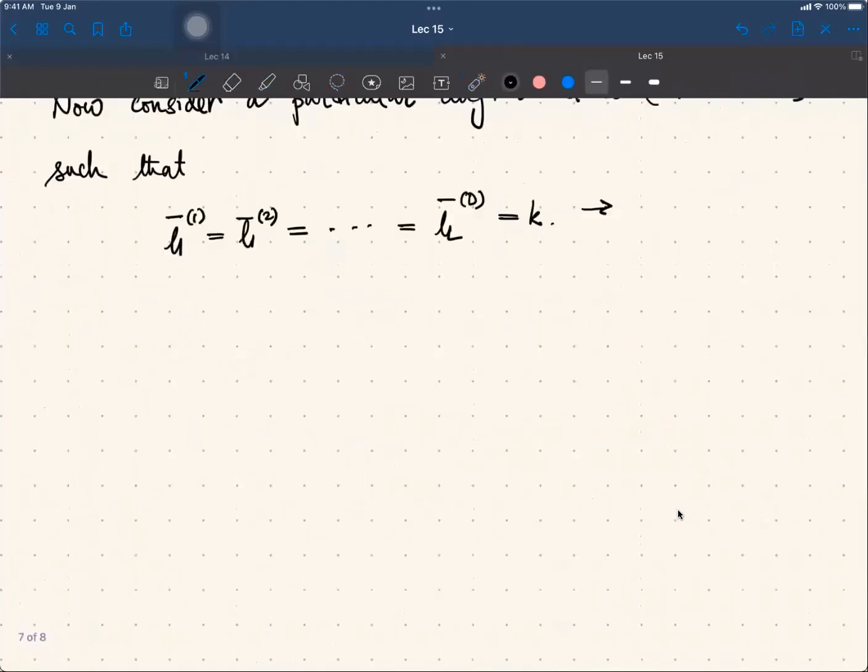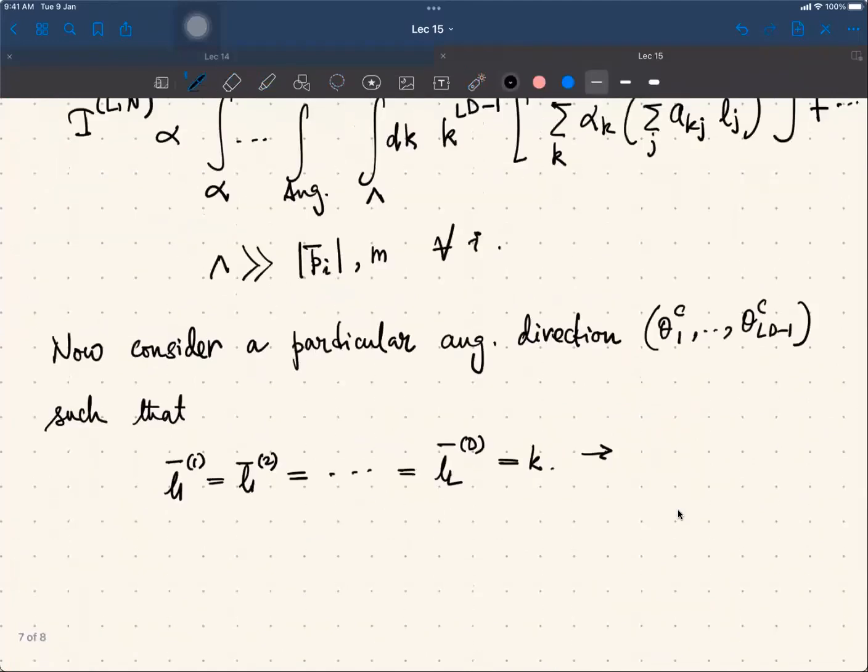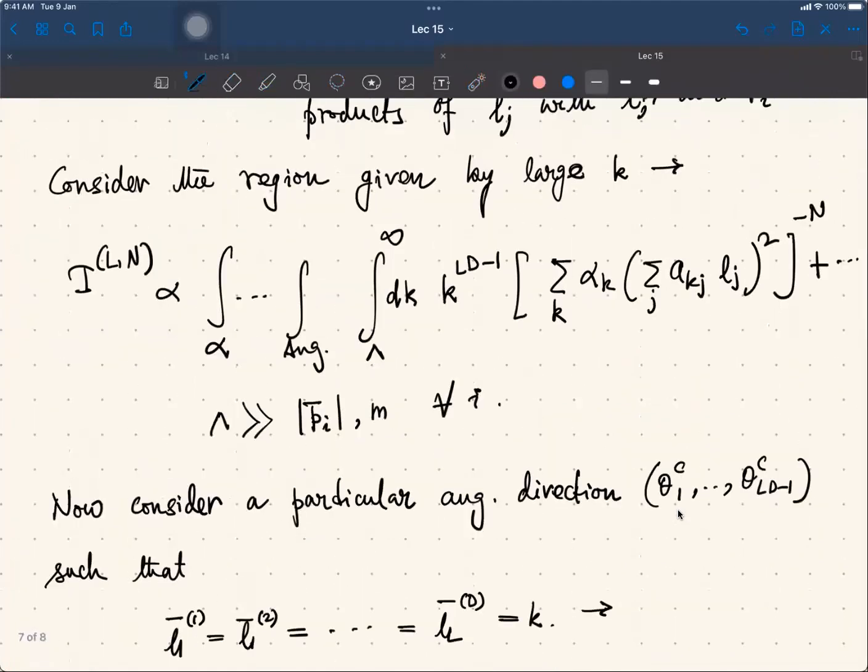Then since all these L j's are the same, this value k will come out, and you will get all these alpha dependent factors as a prefactor.